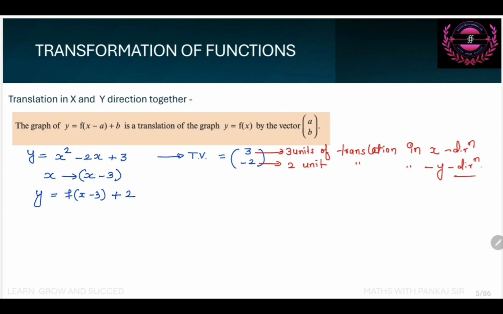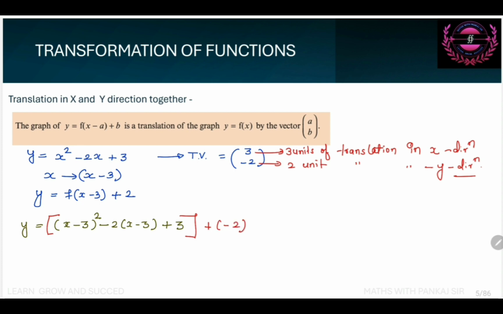So the function becomes f(x minus 3) minus 2. So I will write this function as y equals, first translation in the x direction, (x minus 3) whole squared minus 2 of (x minus 3) plus 3. This is my function after translation in the x direction. For translation in the y direction I will add minus 2 to the function.